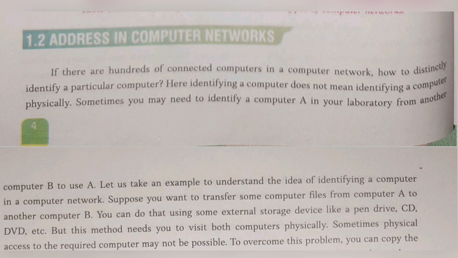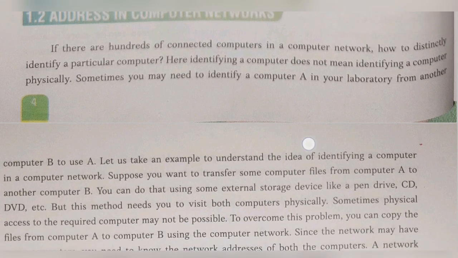Suppose we have two computers, computer A and B, and I want to share some file from computer A to computer B. In the traditional way we can use a CD or DVD or a pen drive, copy the file to that device, go to computer B and paste it, or copy the file to that computer. So it takes time, and we even need an extra pen drive or CD, but through the network we can easily share. For sharing we have to know the name of that particular computer.